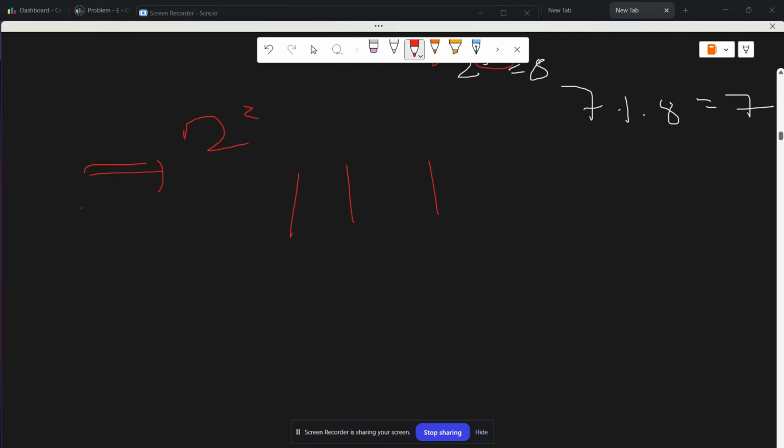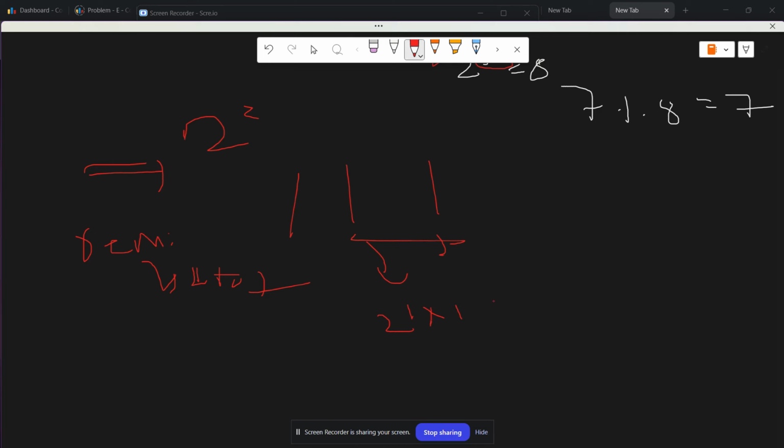Then the remainder must be the binary representation of the second bit to first bit. This means 1 into 2 raised to 1 plus 1 into 2 raised to 0. That is 3. So the binary representation gives us 3.